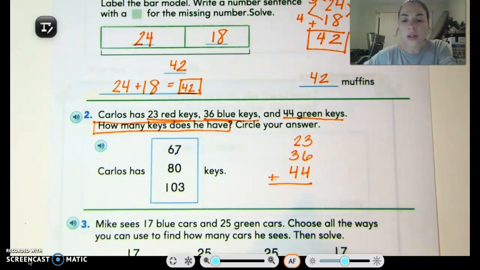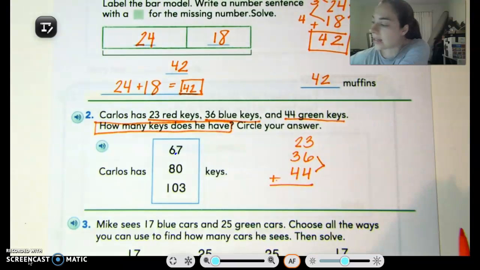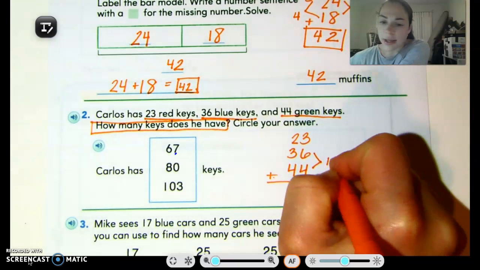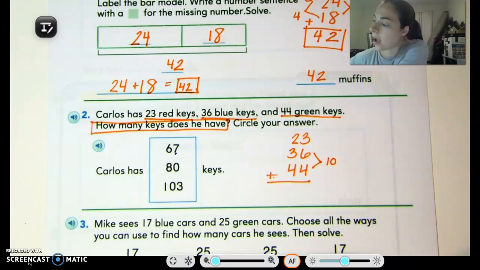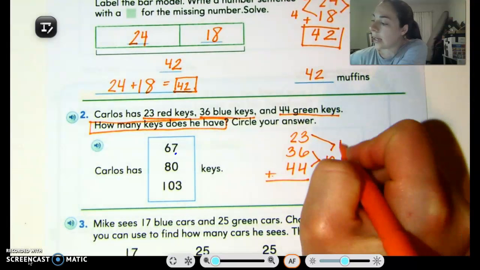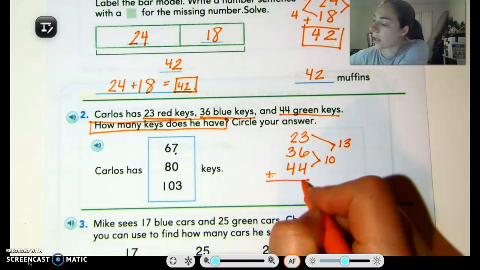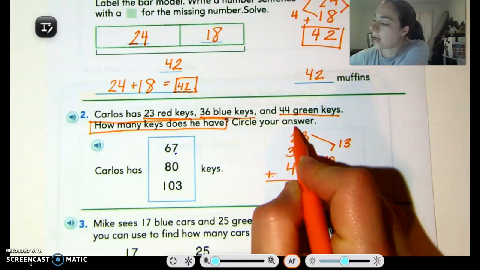And which numbers do you think we should add first? Give me a thumb if you think we should add 6 and 4 since they make 10. Yeah, that's easy, because now we can just add 3 to 10, and we know that's 13. This 3 is going to go in the ones place. We're going to carry our 10.